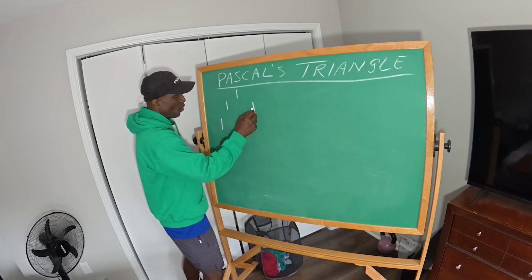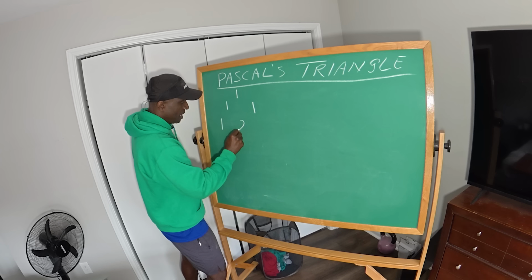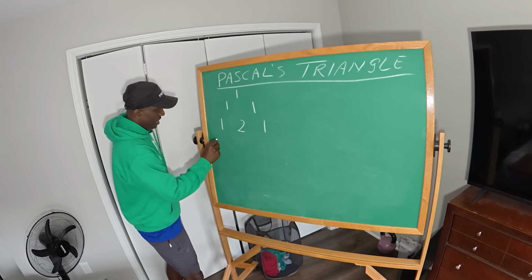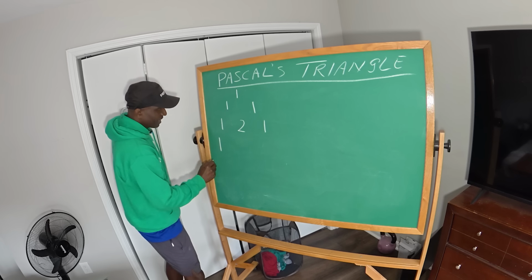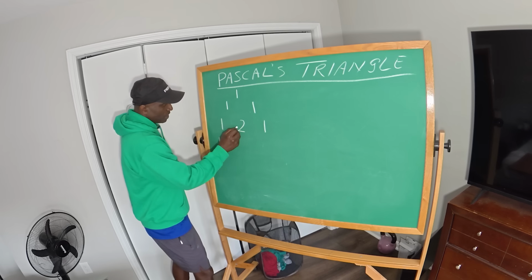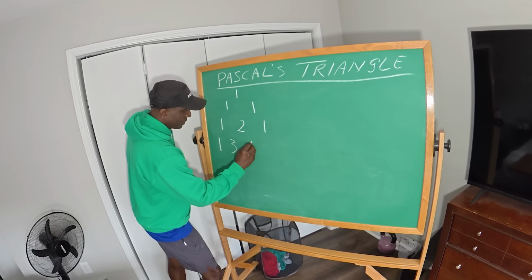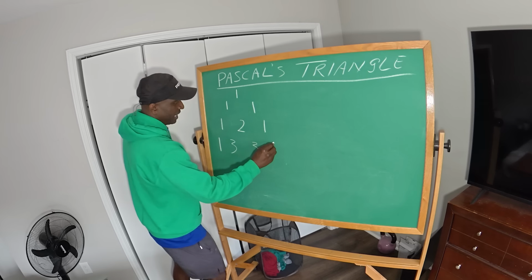So there's 1 plus 1 is 2, and it ends with a 1. Now it starts with a 1, and you say 1 plus 2 is 3, 2 plus 1 is 3, and it ends with a 1.